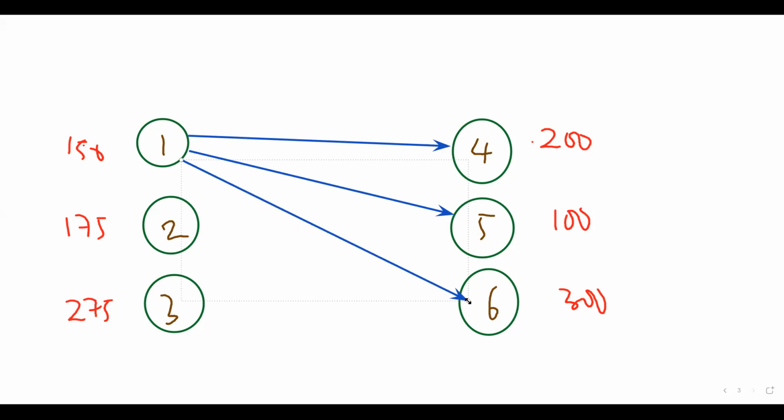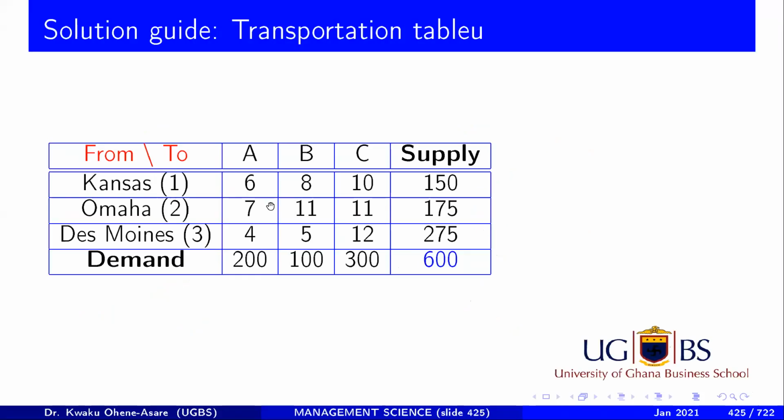Because once you do the first one, go and write the cost and then the decision associated with it right there. Now, the cost for each one must be on the edges, and the decisions must be towards the end. That way you separate them nicely. So the cost must be on the edges, then the decision. So let me show you the cost associated with moving from Kansas City 1 to 4, 5, 6.